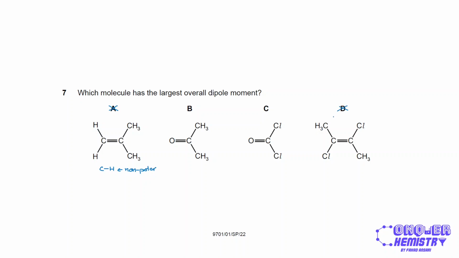The reason is that you only have 2 polar bonds in this entire molecule. You have these 2 C-Cl bonds where the chlorine is more electronegative, so it gets the partial negative charge. So you have a dipole pointing this way and a dipole of an equal magnitude pointing this way.